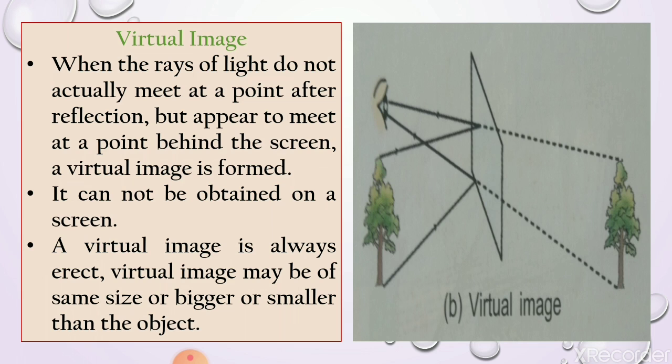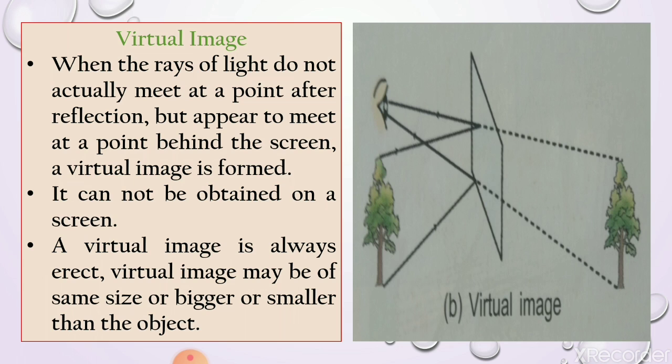So we can see virtual image only by looking into the mirror. Okay, so the example of virtual image is the image of our body that is formed by a plane mirror. Okay, it cannot be received on a screen. We can only see our image in the mirror when we look into the mirror.